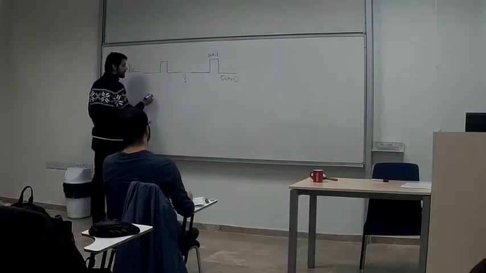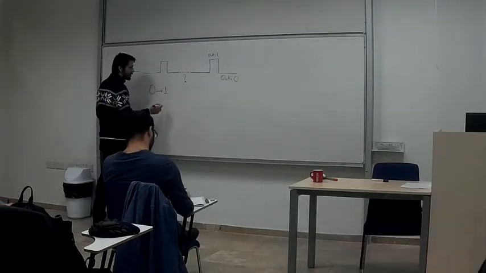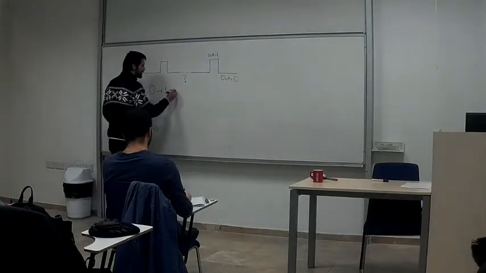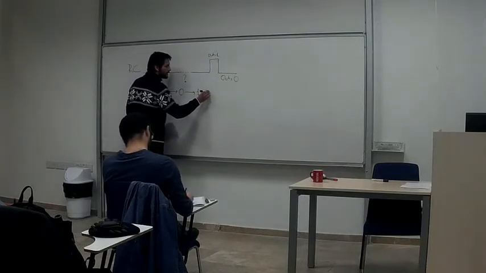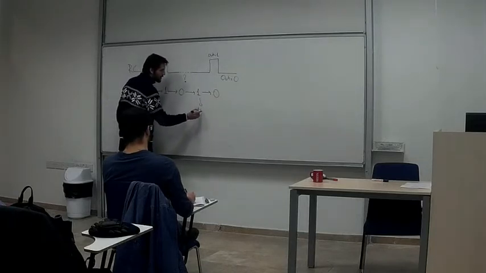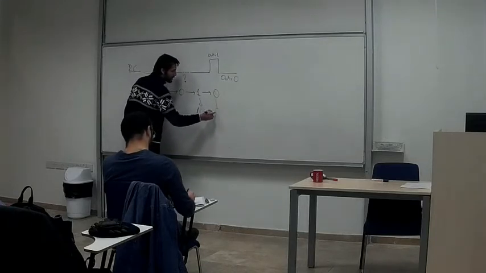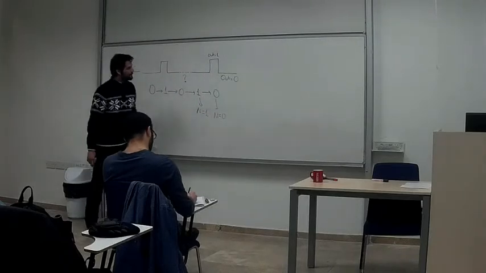What's our sequence first? We have initial condition 0, and then the first one arrives, and then we have a 0 for some time, and then we have a 1, and then we get a 0. Here we have our output M as 1, and at this point output M will be 0.